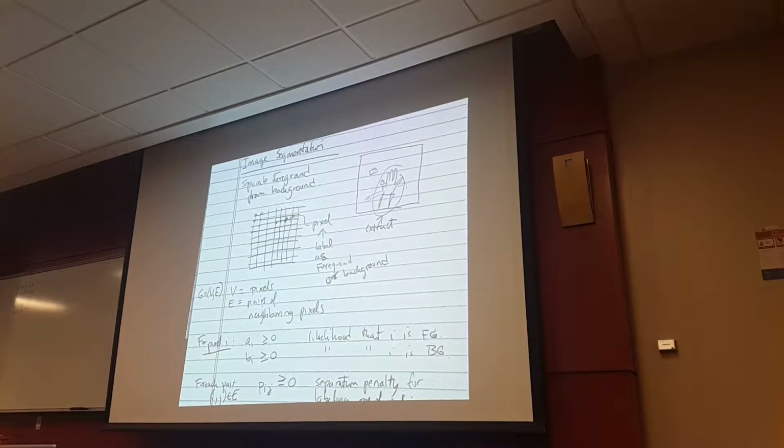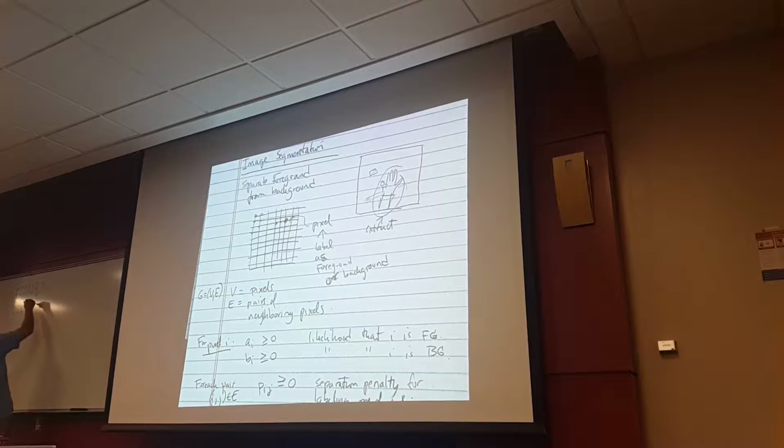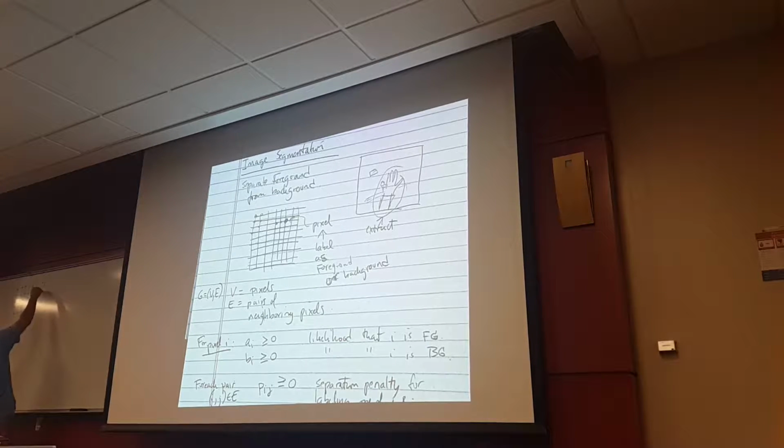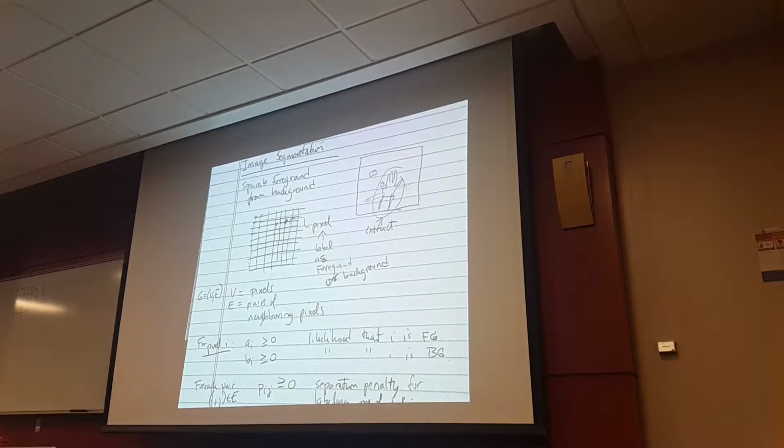So I have to find a partition (A, B), where A is the foreground and B is the background. I want to split this up by using some numbers, and these numbers are likelihood values.